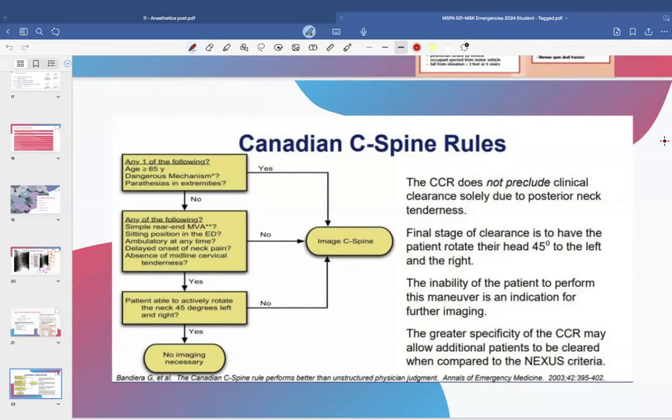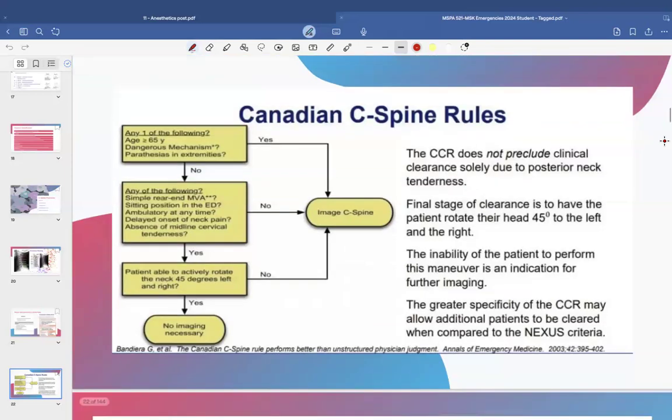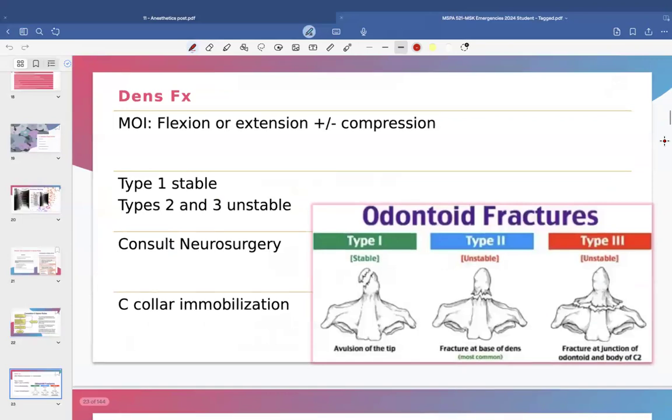I feel like now people just end up getting them more than not. But if somebody's able to move around and they're looking okay, this protects you too from not getting the CT scan imaging in the setting.